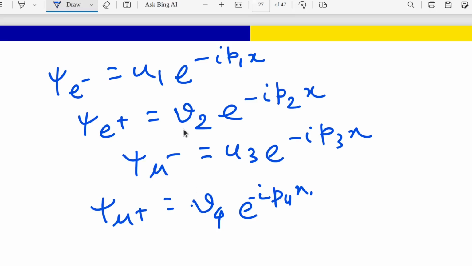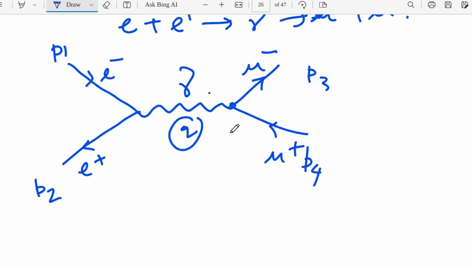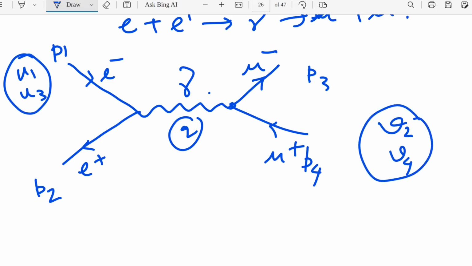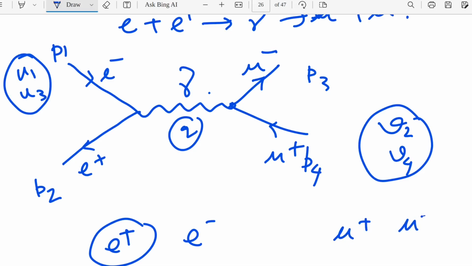Now you can ask me why v2, v4 are there and why u1, u3 are there. I think it has already been mentioned very nicely by Dr. Paulus, but still I am writing it here: for particles we use u1, u3, and for antiparticles we write v2, v4. You can see that e⁺ is the antiparticle of e⁻, and μ⁺ is the antiparticle of μ⁻.